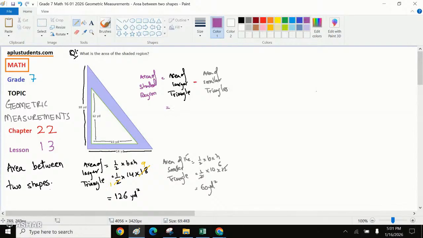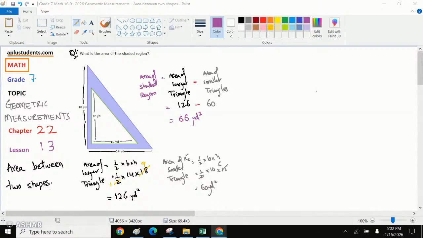So can we say that the larger area was 126 square yards minus 60? So the final answer comes out to be 66 yards squared. Okay, so do we agree with the values?